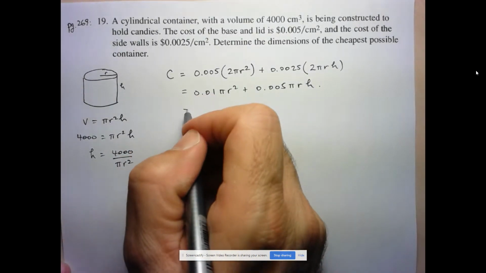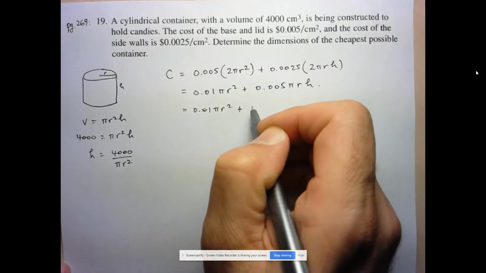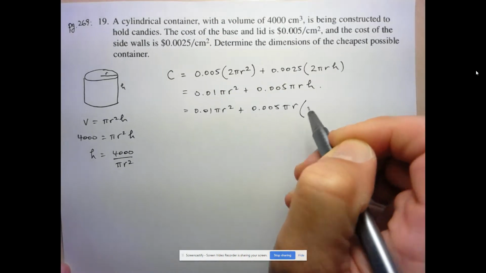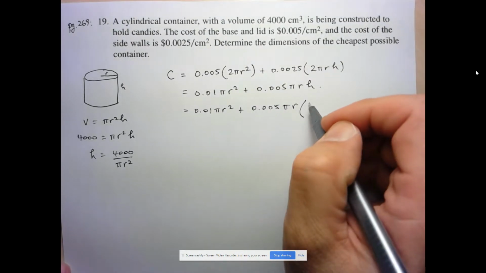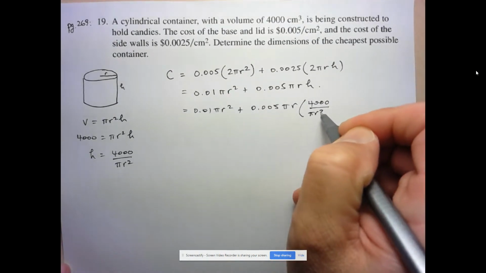All right, so let's do the substitution. So 0.01 pi r squared plus 0.005 times pi times r times h, which we are now replacing by 4,000 over pi r squared.